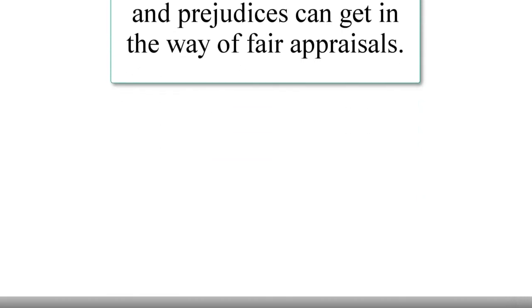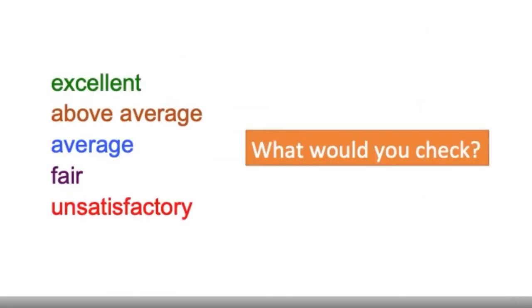Let's take just one example: cooperation. Let's say you were asked to rate it on this scale: excellent, above average, average, fair, or unsatisfactory. What would you check? Is that the same as how I would rate an employee? Maybe, maybe not. Managers want to be fair in their ratings, but in one large organization, they had high raters and low raters.